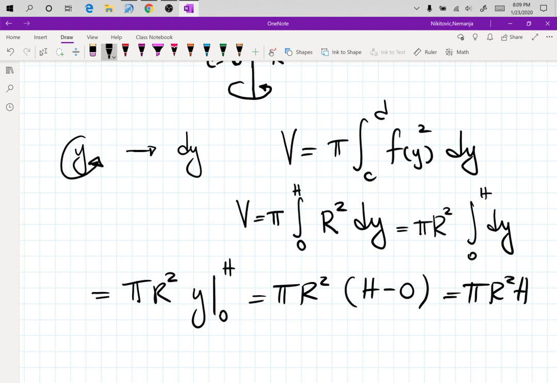Now that line is a line segment. It starts at 0, ends at h, so as it goes around, it creates a finite object of finite volume, which you can compute, so you can stuff things inside.